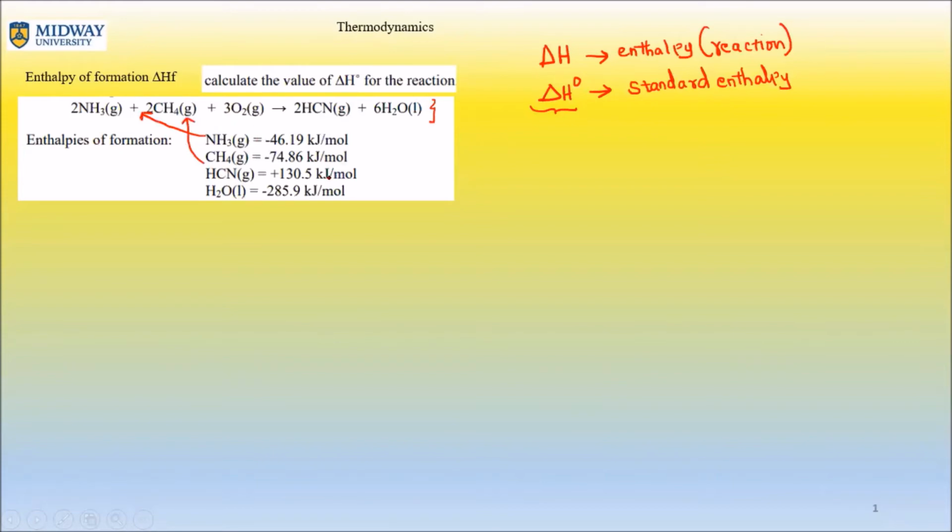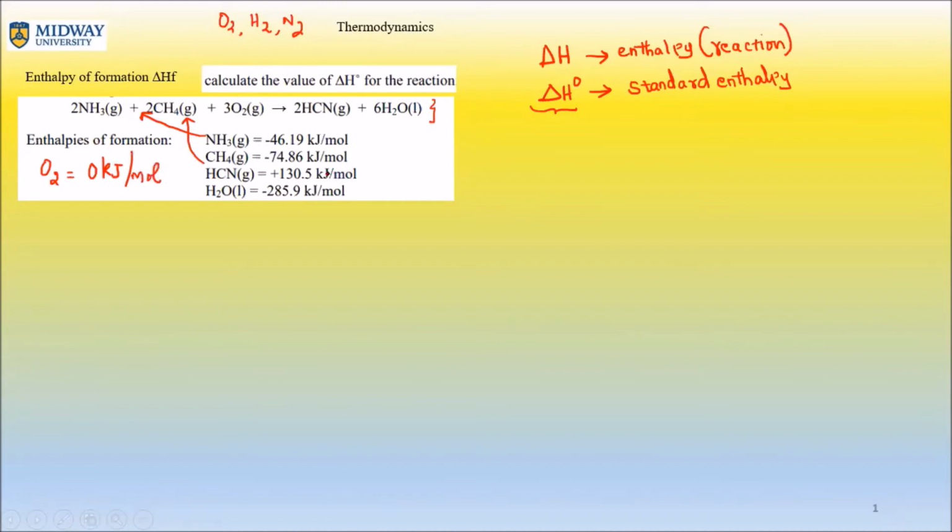You would wonder, hey, there's O2, but there's no value. Any element that's diatomic of its own kind, that's O2, H2, N2, the value is 0. That's why it doesn't exist. So O2 equals 0 kilojoules per mole.